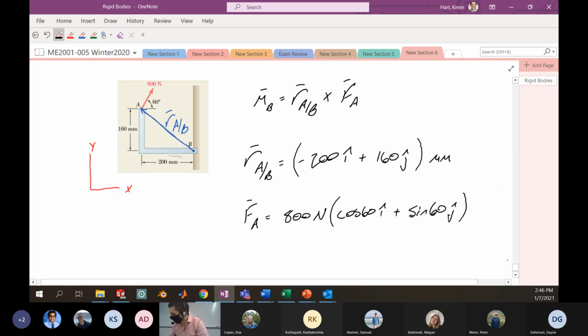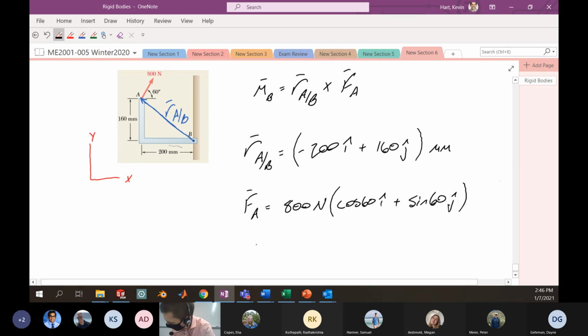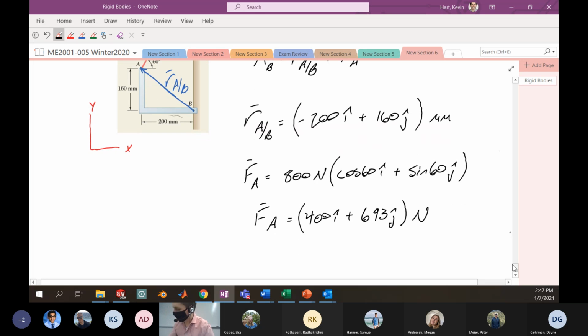If you work your trig here, you'll get that the force at A is something like 400 I hat plus 693 J hat newtons. And so now you're ready to execute your moment with these two pieces.